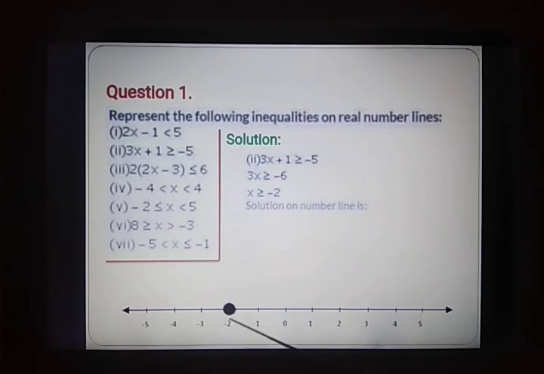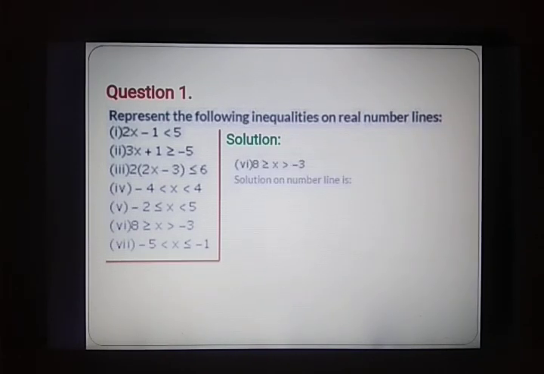So this means minus 2 is also my answer. Now since x is greater than minus 2, greater means we have to go this way, right? So we'll put a bold line this way. So this is my solution for this particular question. Pause the video to note down.